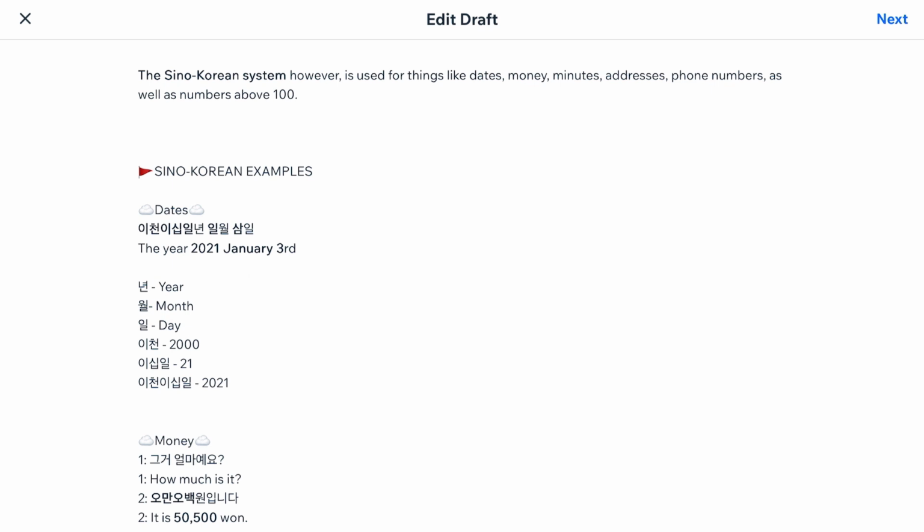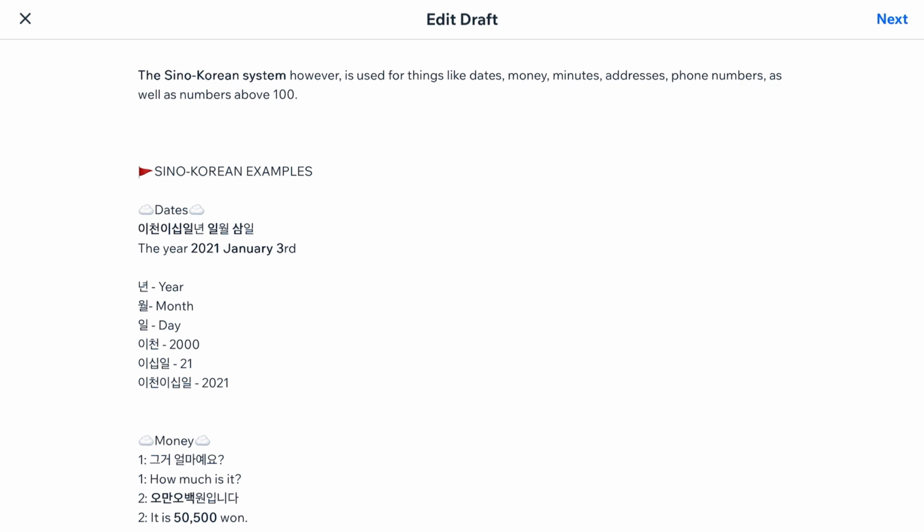Okay. Now on to the most popular system, in my opinion, my personal favorite, Sino-Korean numbers. These are used for most everything else. For dates, money. Native was used for the hours, but Sino is used for minutes and seconds.